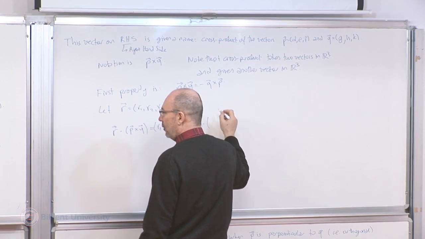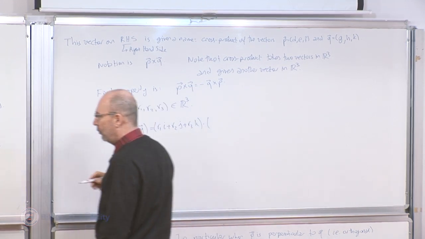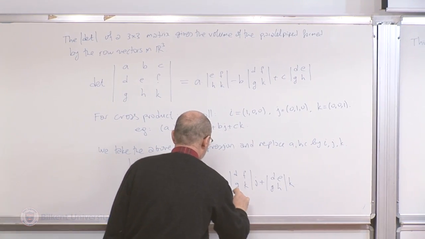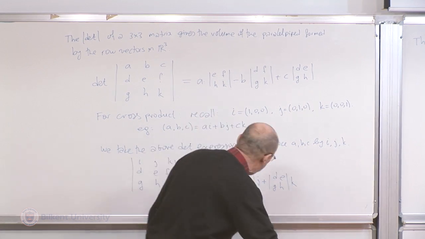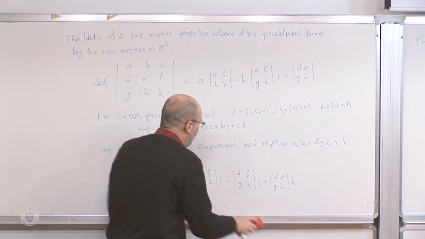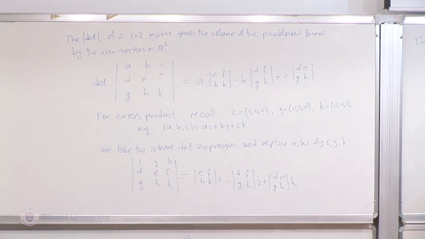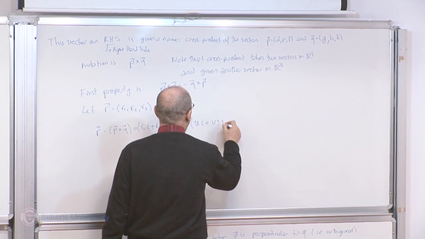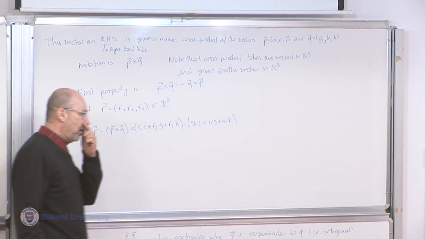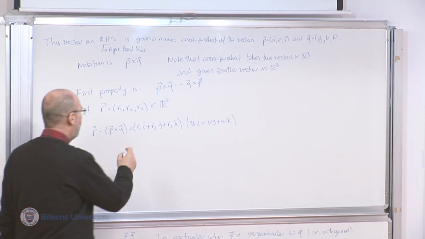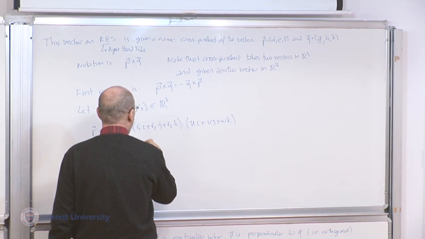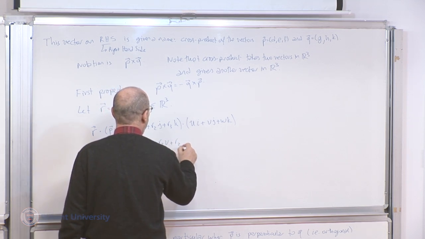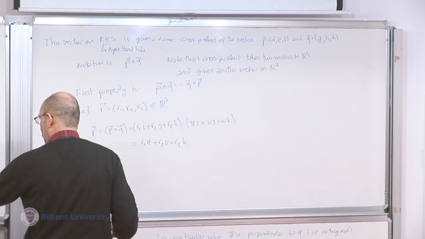I don't want to write all of this, so let's not change this. We calculated these things and they turned out to be U I plus V J plus W K. So when you multiply these things, you will have R1 U plus R2 V plus R3 W. Now I want to write this.